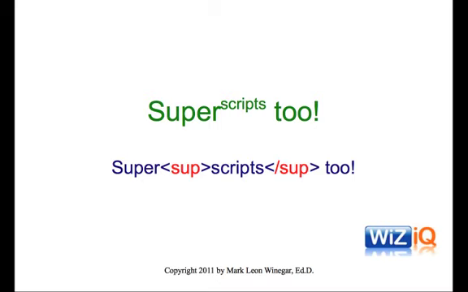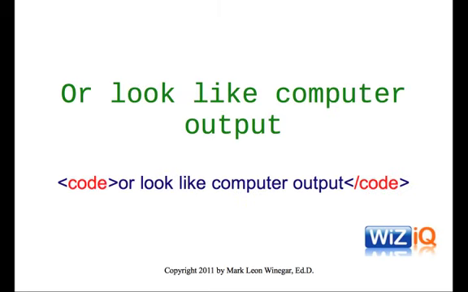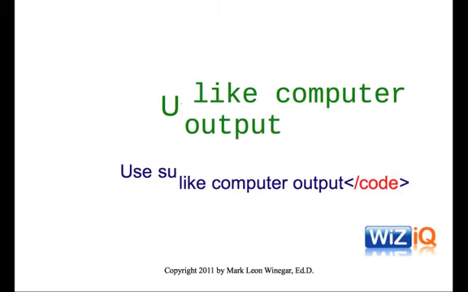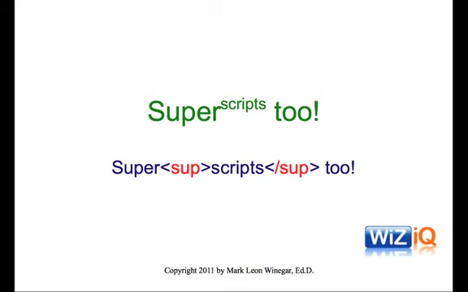SUB as in boy for subscript, and SUP as in Paul or Peter for superscript text. Now notice the subscript characters are displayed below the normal line. Whoops, went the wrong direction, sorry. The subscript characters are printed below the line, and the superscripted characters above.